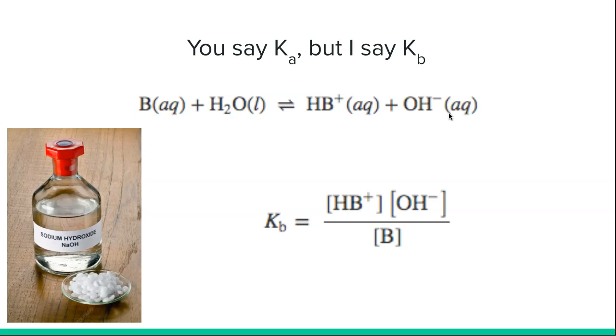In the same sense that an acid generates H+, a base generates OH-. And we can calculate that as Kb. With Kb, we're looking at the content of the conjugate acid times the hydroxide content, divided by the equilibrium concentration of the base.